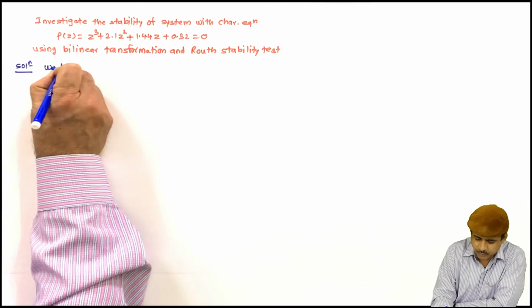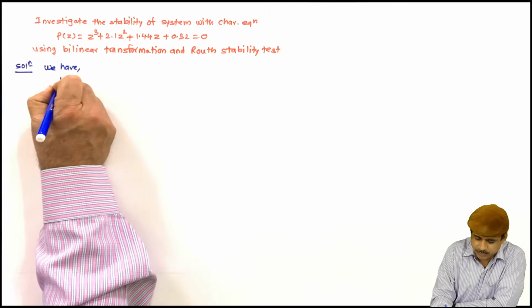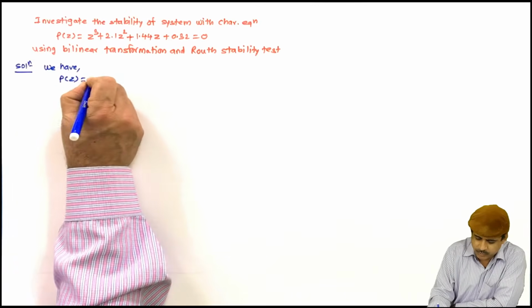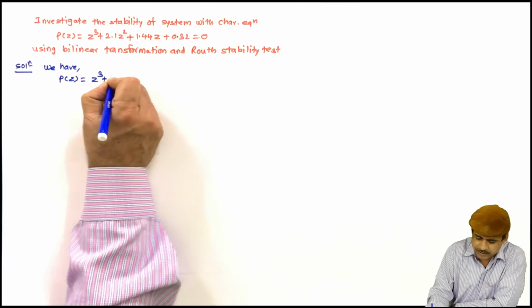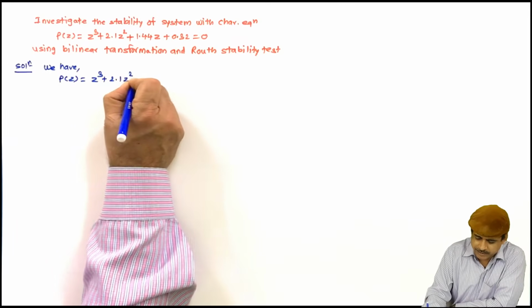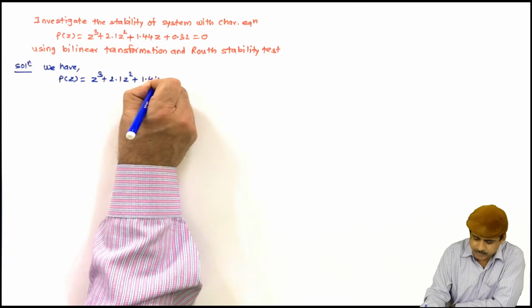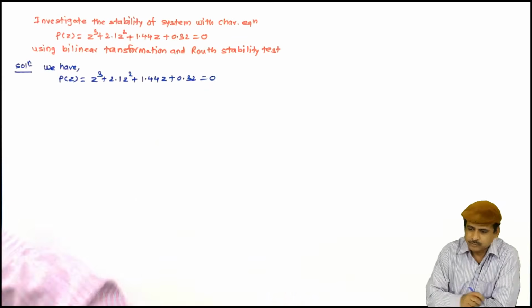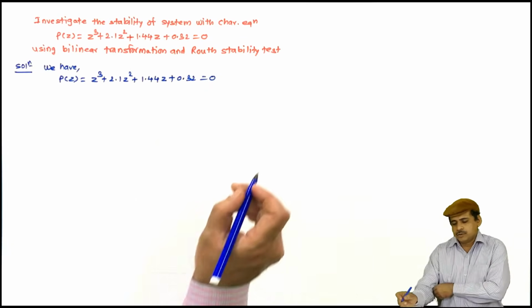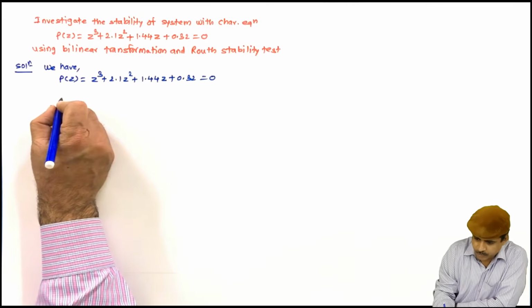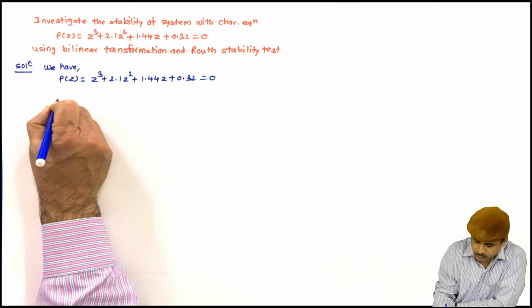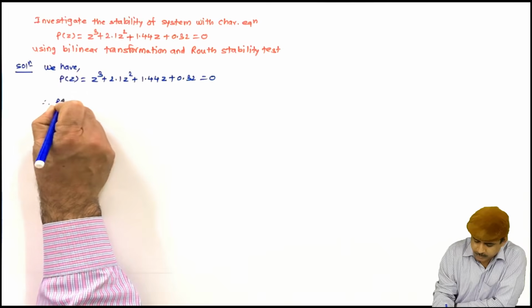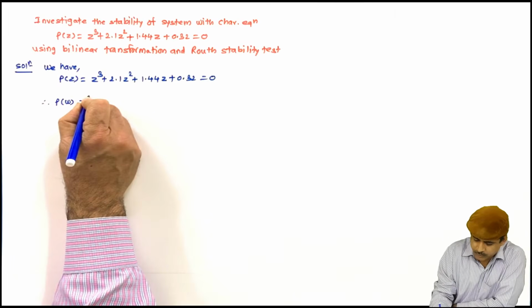So what we have, the characteristic equation in Z plane, that is P of Z equal to Z cube plus 2.1 Z square plus 1.44 Z plus 0.32 equal to 0. So the step number 1 is obtain P of W. So P of W will be equal to what?